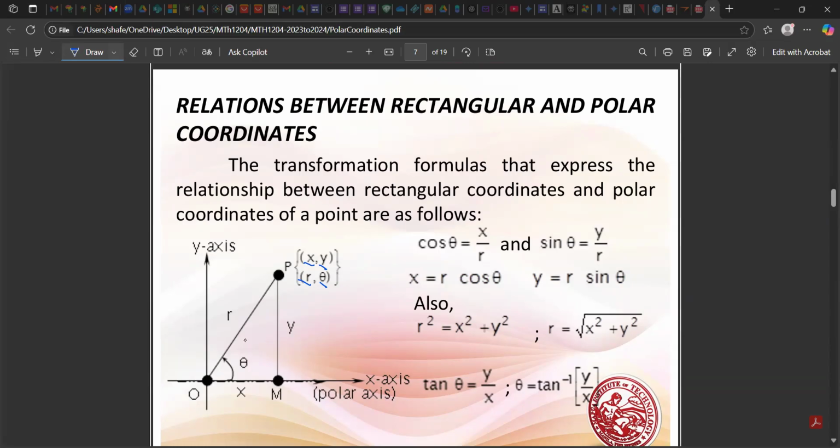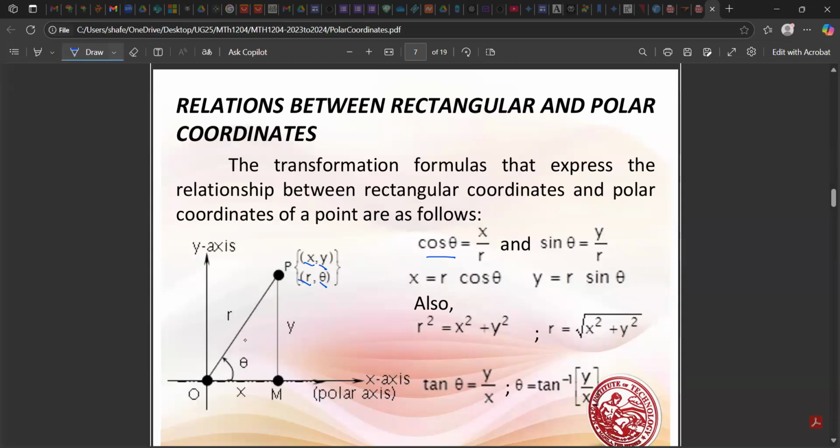The trigonometry is very basic. So cos theta is x over r, and sin theta is y over r. From that, you rearrange, and you get x equals r cos theta, y equals r sin theta.